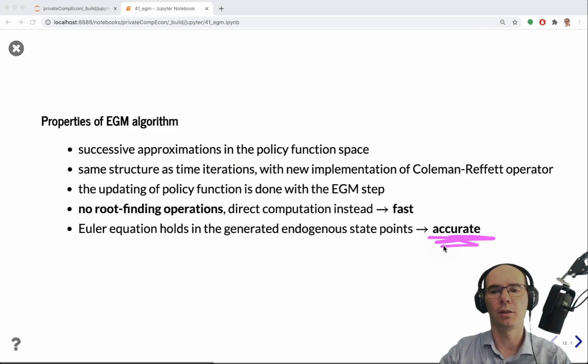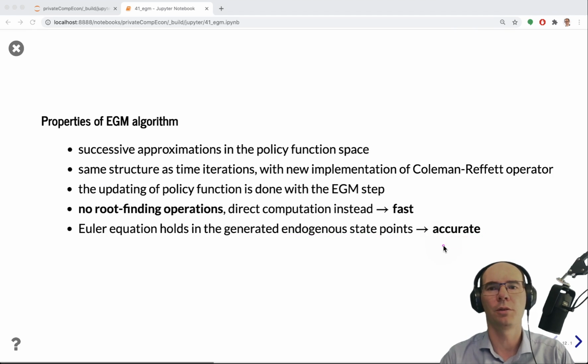So this method, because of this, has the highest potential of being very accurate among all of the methods that we have seen so far. And moreover, what objects are we interpolating here? Well, we have to update the policy functions, and so we are interpolating the policy functions.